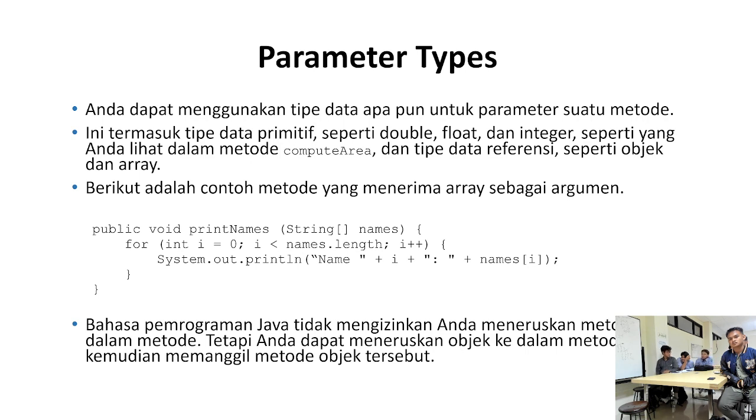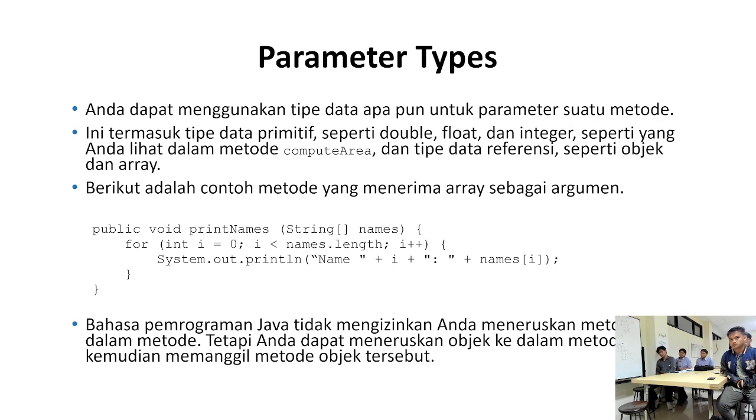In Java programming, it does not allow you to pass a method to a method. But you can pass an object to the method and then call the method on the object.